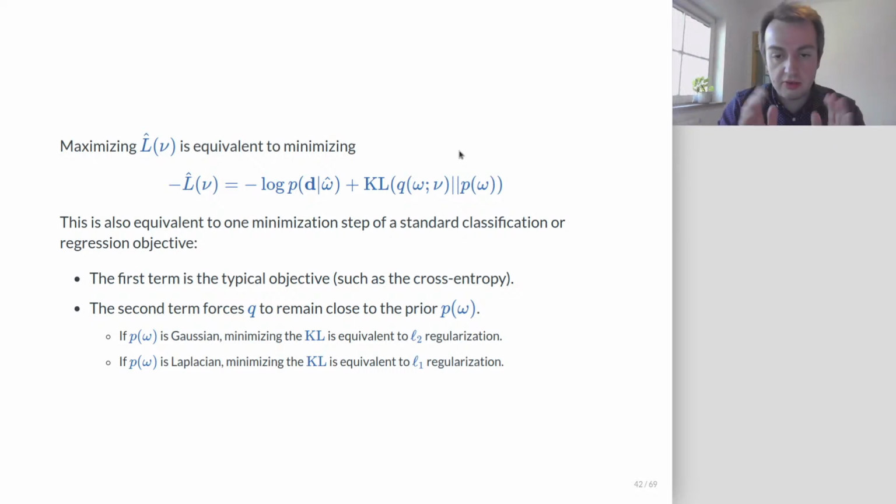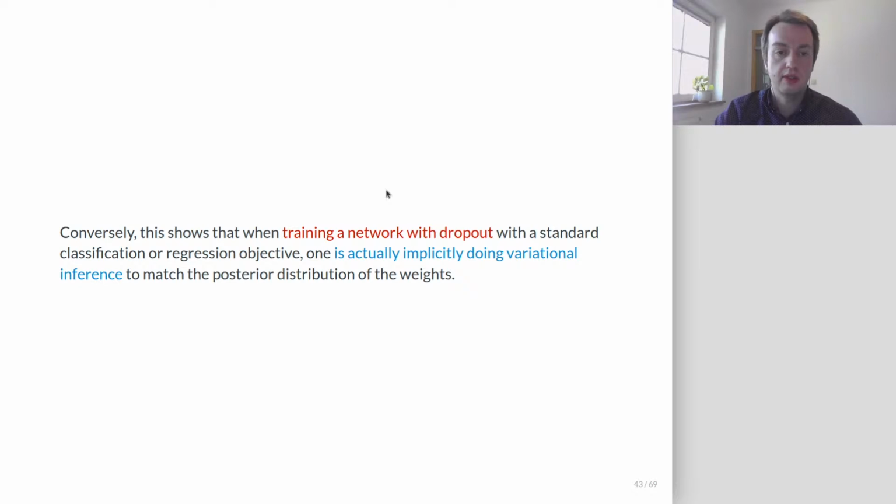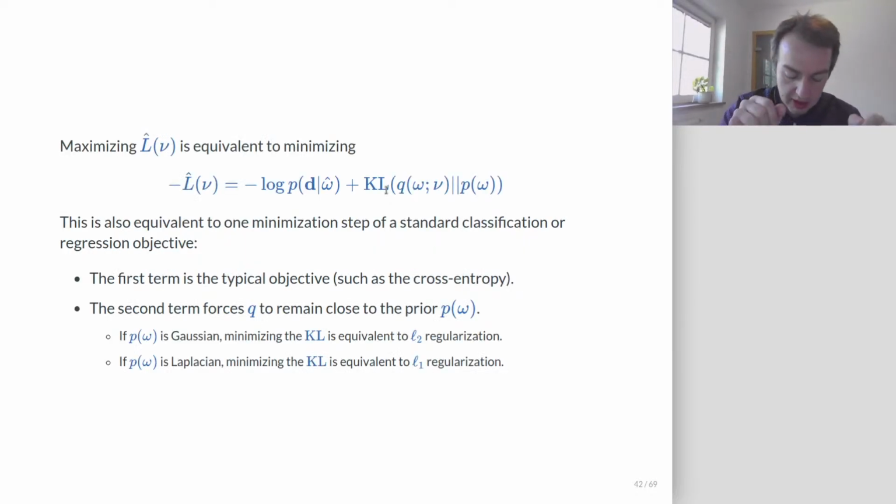This is one of these examples: minimizing the cross entropy plus the L2 regularization is equivalent to doing Bayesian posterior inference starting from a Gaussian prior. And when you minimize the loss, what you are actually doing is optimizing the variational parameters of this approximate Q.